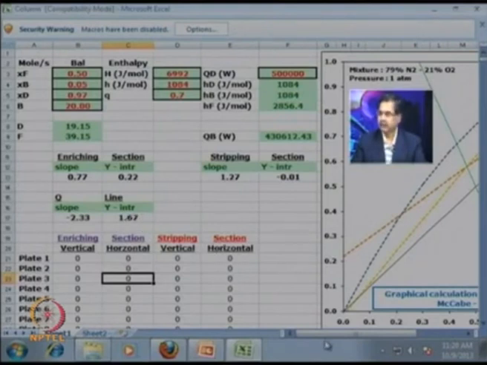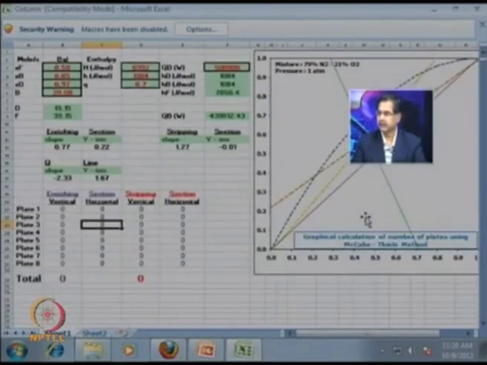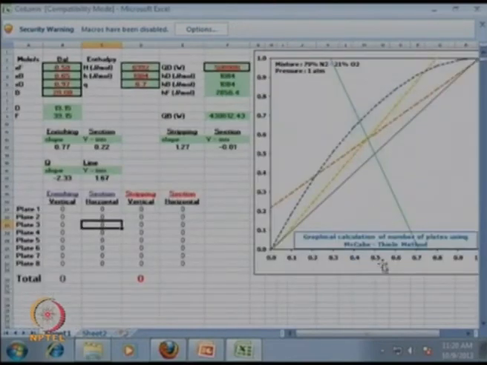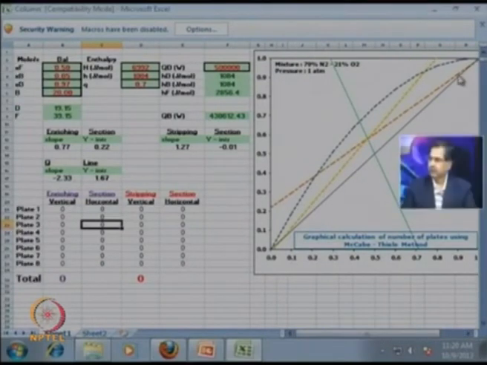Having done this, let us see what we do when we plot this McCabe-Thiele graph. This is a graphical representation, and what we can see on the right side is a graphical representation of this. So, concentrate on this now. You can see these lines which I have already plotted: this is the operating line for the enriching section, and this is the operating line for the stripping section.